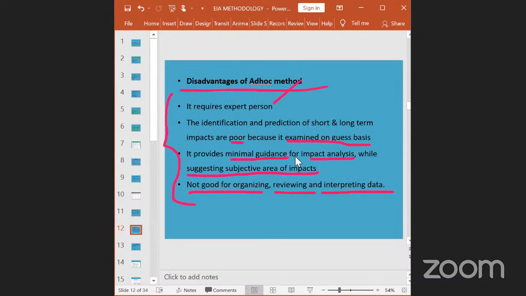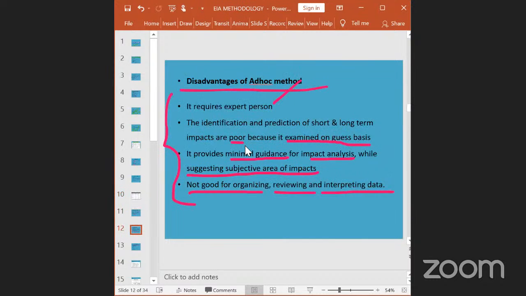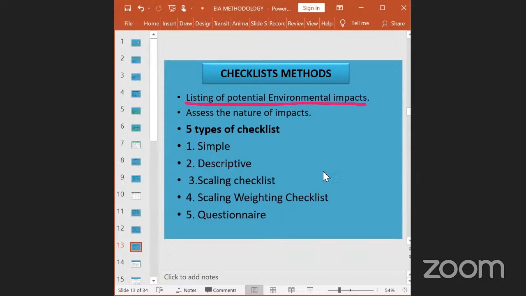You see here this one. Next, there are 5 types of checklist methods. The first one is simple, the second is descriptive, then scaling checklist, scaling weighting checklist, and finally questionnaire. So these are the 5 types.